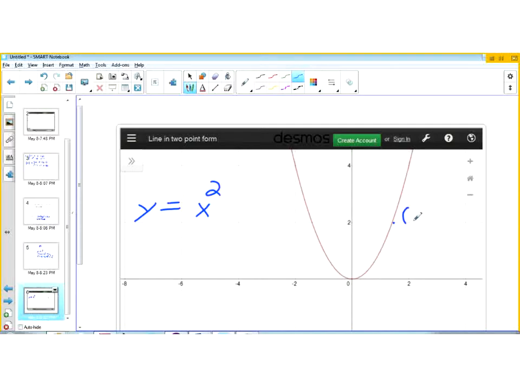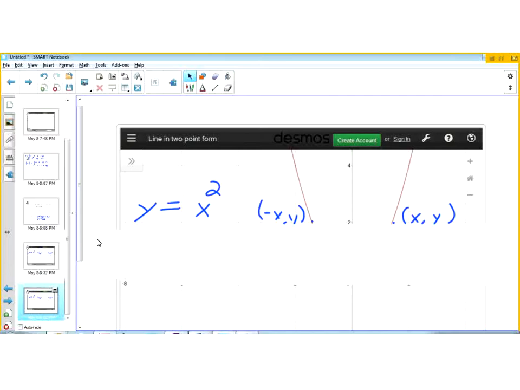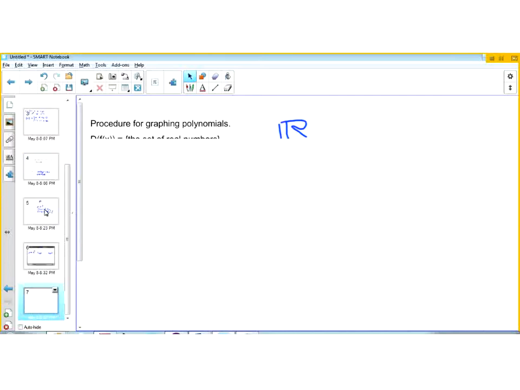The graphical indicator of even symmetry is that if we have an arbitrary point on this parabola, then we would expect that its symmetric counterpart would be on the graph as well. So f of x is equal to y here. F of negative x is also equal to y. So here's a graphical example of even symmetry. Maybe I should just leave that up and we'll come back to it.